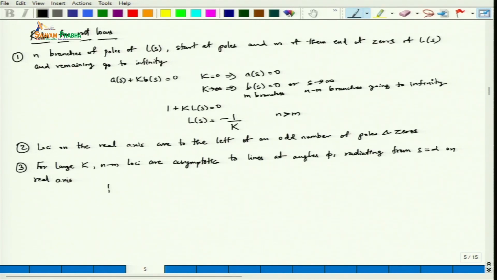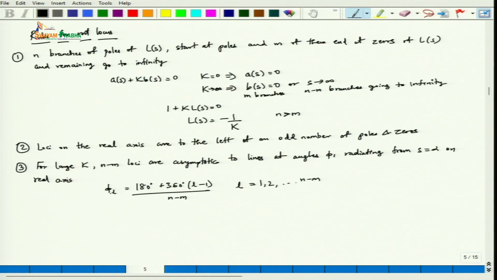So basically this phi L is 180 degrees plus 360 degrees times L minus 1, divided by n minus m, that is the branches which remain, and L goes from 1 all the way up to n minus m.